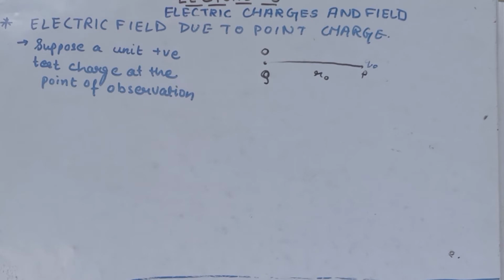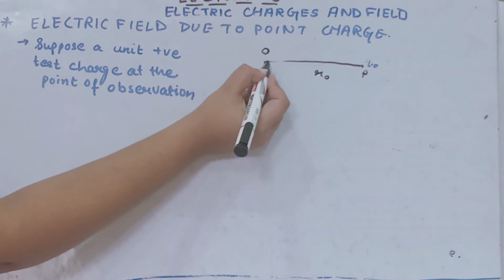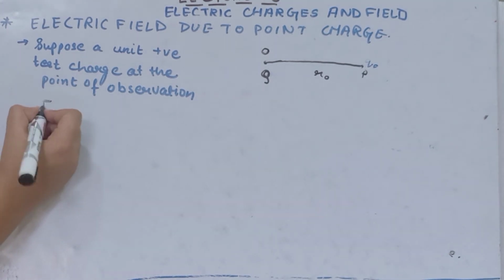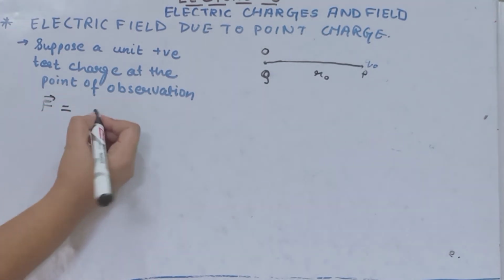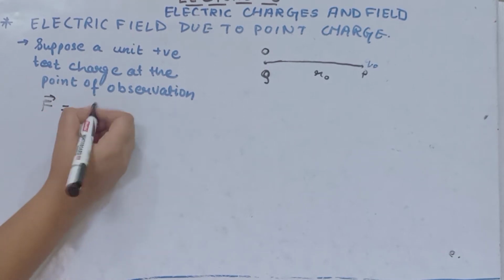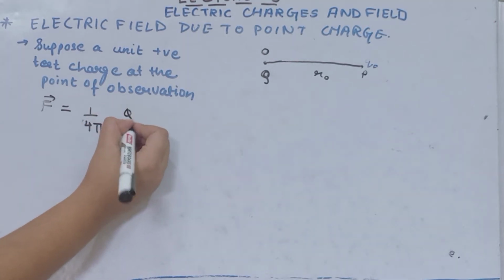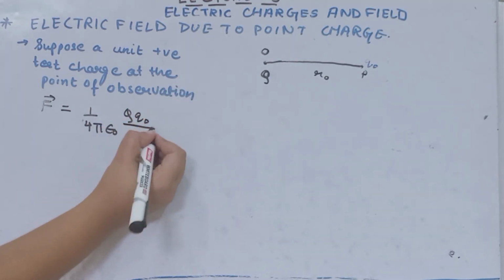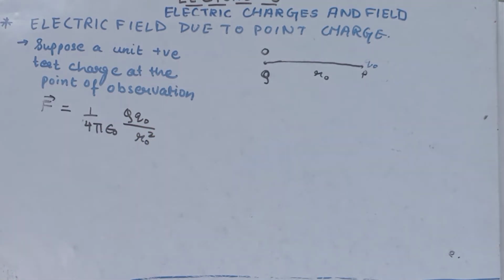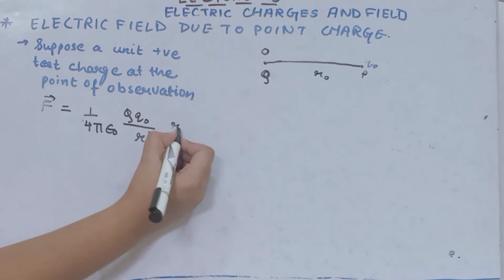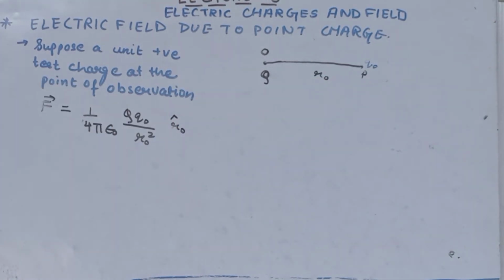Okay. So now let us first write down the formula for Coulomb's force. Coulomb's force in this case will be 1 upon 4 pi epsilon naught Q, the test charge is Q0 and distance is R0 square, and let the unit vector from Q to Q naught be R naught cap. Fine. So this is the force exerted by the source charge on the test charge.